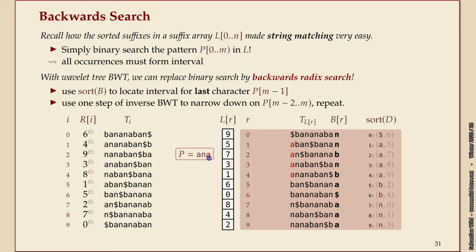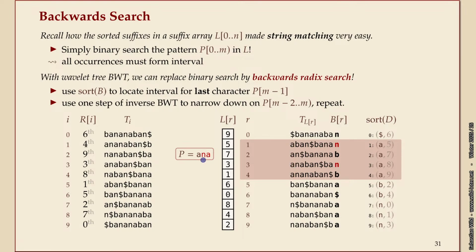Now, suppose we start with the last A. We try to find occurrences of this pattern that at least have this last A. It has to be suffixes that have an A here, and then we go further to the left. So the end positions here we know are in that range in the sorted order, because these are all the suffixes that start with an A. That's all occurrences of A, full stop. That's not what we need in total, but for the last character, that's fine.